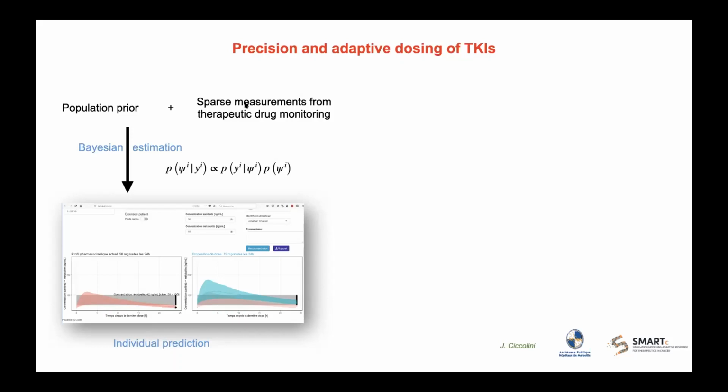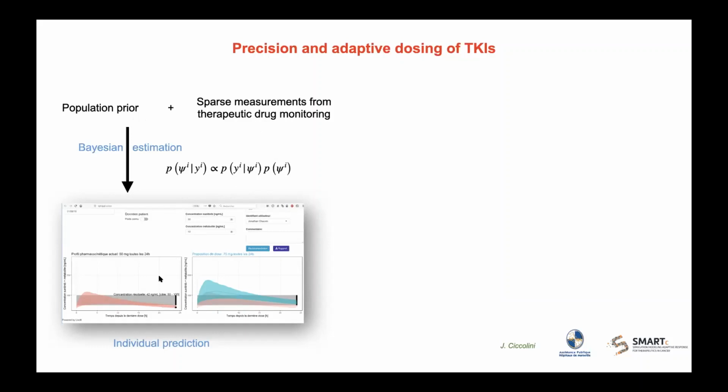For routine clinical management of patients here, of TKIs, tyrosine kinase inhibitors, in Marseille, we are routinely using these models and some software to estimate patient parameters of the models from the population prior and sparse measurements coming from therapeutic drug monitoring.